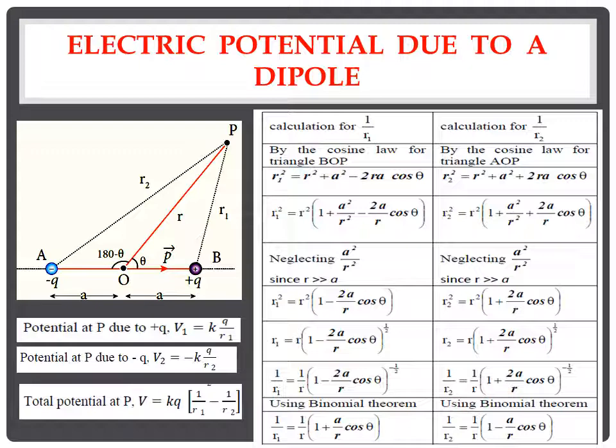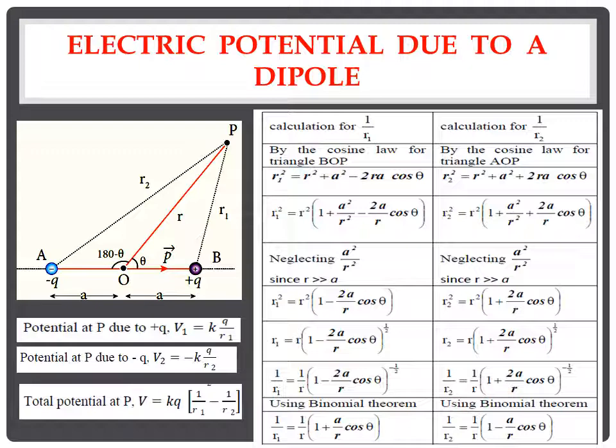Now we are going to use the cosine law for the triangle BOP. In the triangle BOP, the angle subtended is equal to theta. Now if I substitute in the cosine law, the equation goes as r1 squared is equal to r squared plus a squared minus 2ra cos theta. In that equation, I am going to bring r squared outside and divide by r squared.